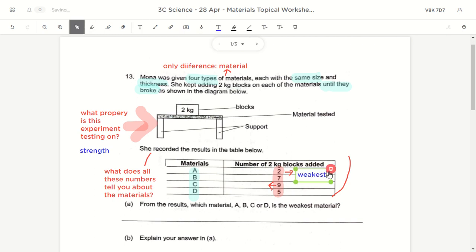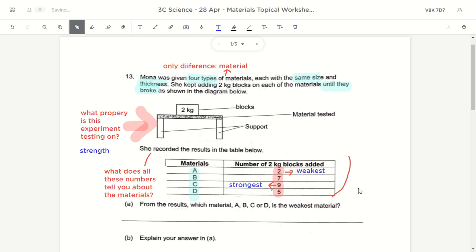It's really about what the numbers tell you about the material itself. On the other hand, material C can carry 9 blocks of 2 kg before it breaks. It is the most number of blocks it can carry, so this is the strongest. So tell me about the property of the material.